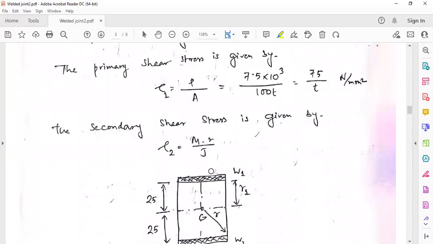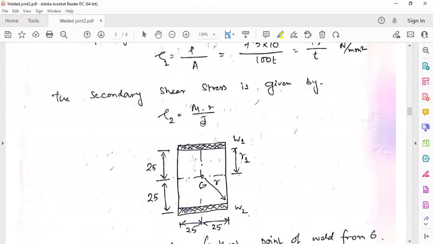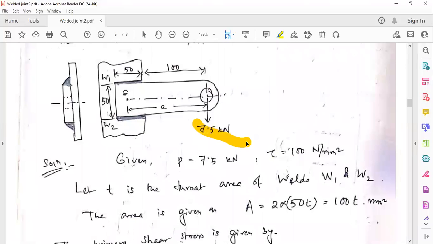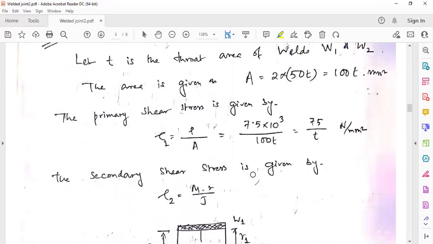Now for tau 2 you need moment and radius R. M is very easy to get. This is the force and the eccentricity. Eccentricity value is what? See, 100 from here and half of 50, that is 100 plus 25. So 125 is the eccentricity. So 7.5 into 125 will be M.